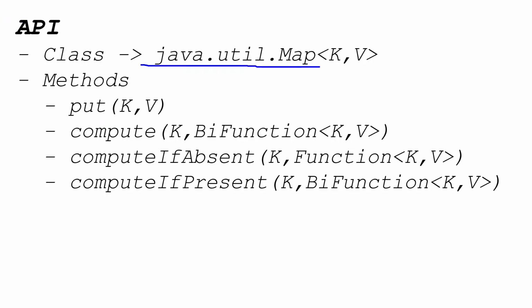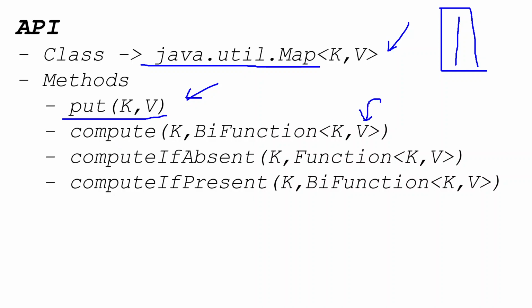All of these functions are available in the java.util.Map interface as default methods. As we discussed, for storing any value in your map, generally you say put with key and value, or you can say putIfAbsent. Similarly, sometimes you do not want to store the value directly; you have an option to first calculate and then store your value.